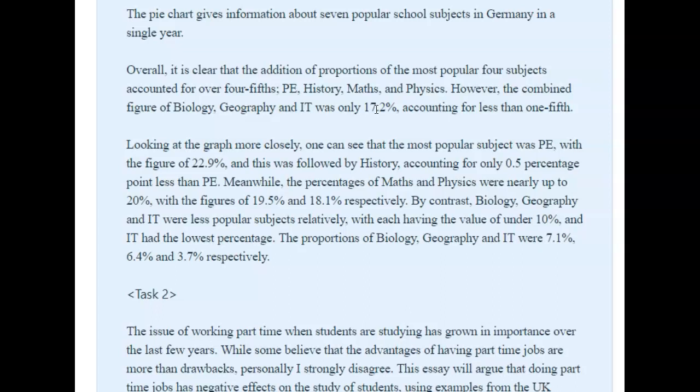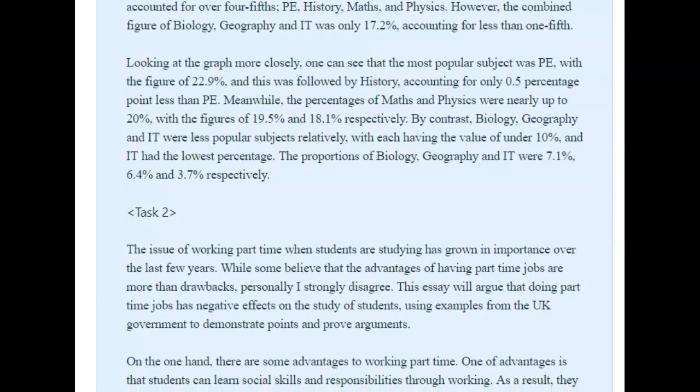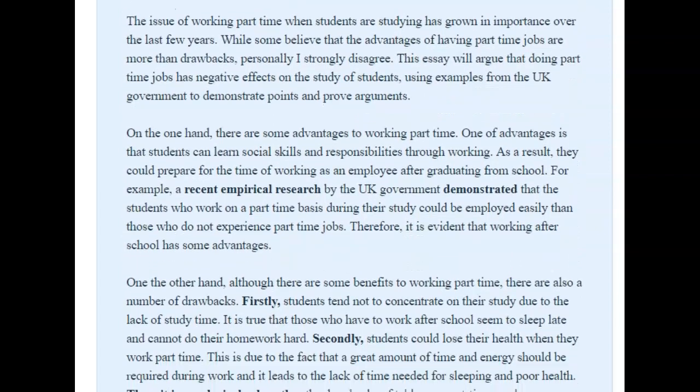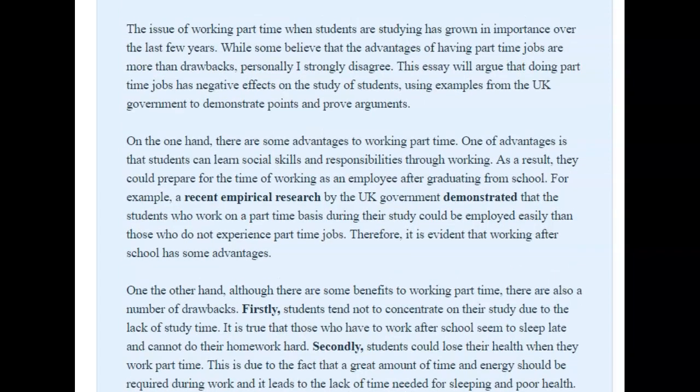All right, so these are the kinds of connections you want to make. And it makes everything a lot more meaningful rather than just saying, okay, well, this had 20%, this had 19%, this had 15%. So, yeah, everything was good, except I would like a little more analysis when you have such a simple chart. Now I want to move on to your task 2.